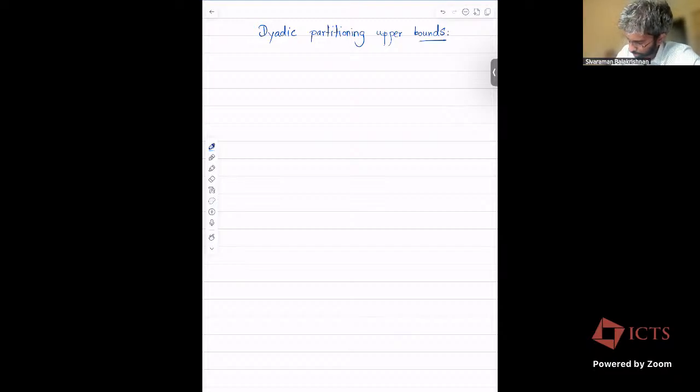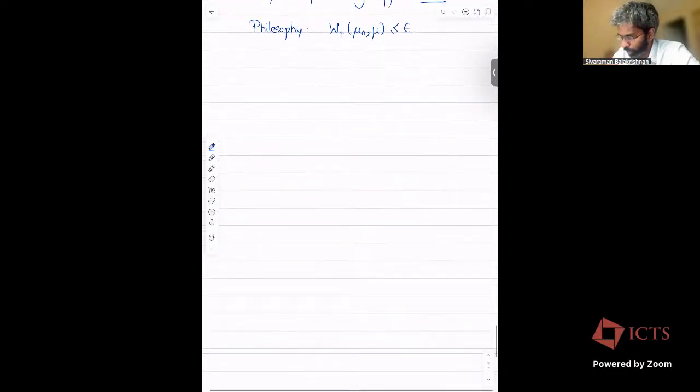So maybe philosophically, what are we going to do? We want to argue that the WP distance between mu_n and mu, or more generally, between just some pair of distributions, is small. In order to argue this, it is sufficient to construct a coupling between these distributions. The WP distance is the cost of the best coupling. So as long as I can demonstrate some coupling that has small cost, that certifies an upper bound on the Wasserstein distance.